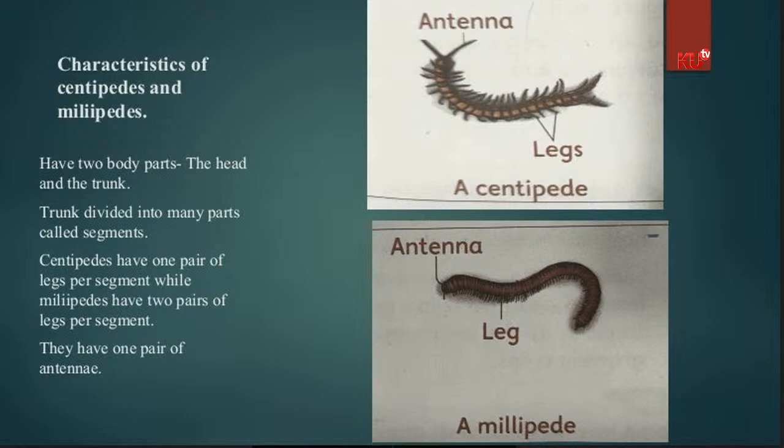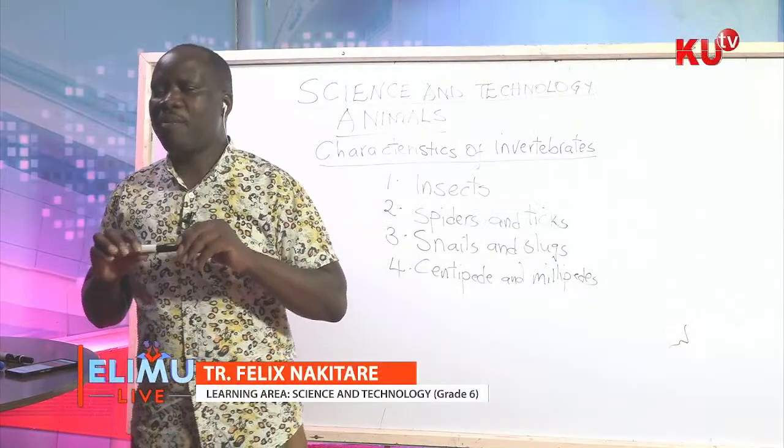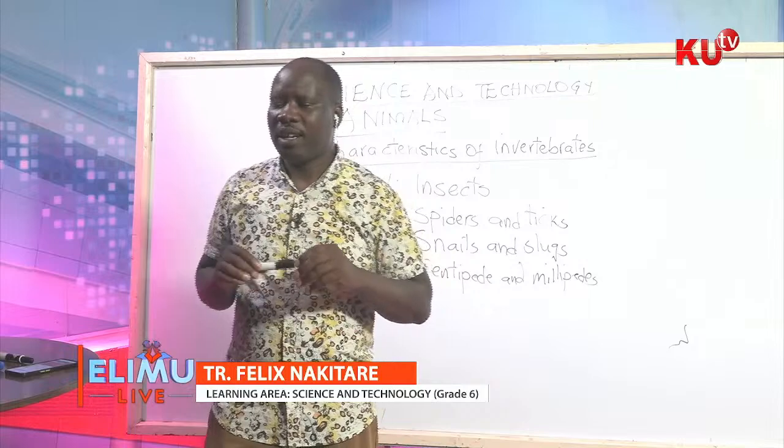The other characteristic comes in the parts of legs. For insects, we say insects have 3 pairs of legs. Spiders and ticks have 4 pairs of legs. Slugs and snails do not have legs, but centipedes and millipedes have many pairs of legs.